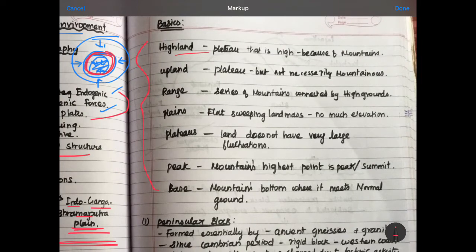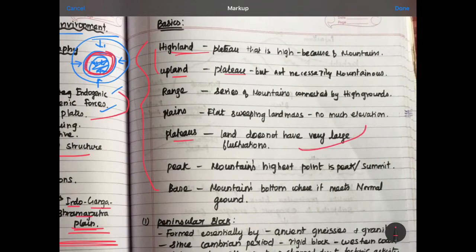Highlands are plateaus on mountains, which means the plateaus present on mountains are highlands. Uplands are not necessarily on a mountain; without mountains there are also uplands. Both are plateaus only. And what is a plateau? Plateaus are land that does not have very large fluctuations.